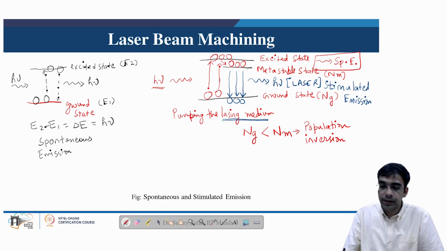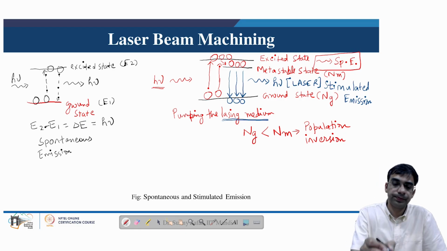Stimulated emission is basically where we stimulate the emission by allowing the electrons to sit at the metastable state and then come to the ground state at once. This is the basic phenomenon by which the laser beam is produced, and it is nothing but photons traveling at very high speed.